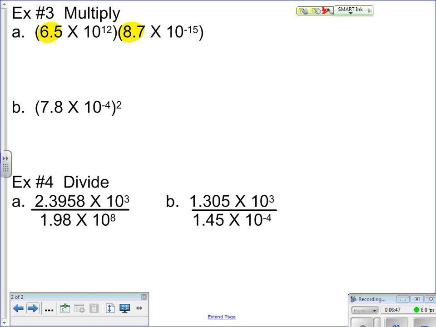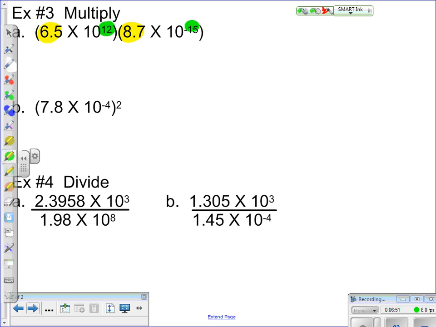Those need to be multiplied together, while the 12 and the negative 15 should be added together. So go ahead and multiply the yellow numbers and add the green numbers together.